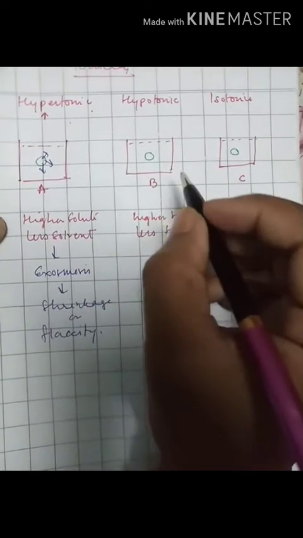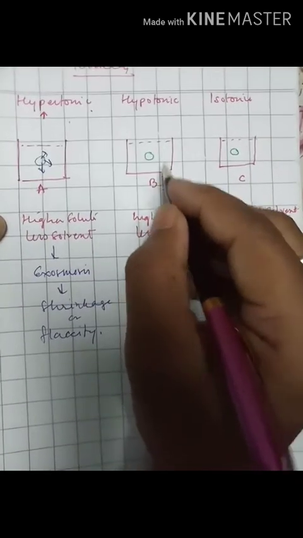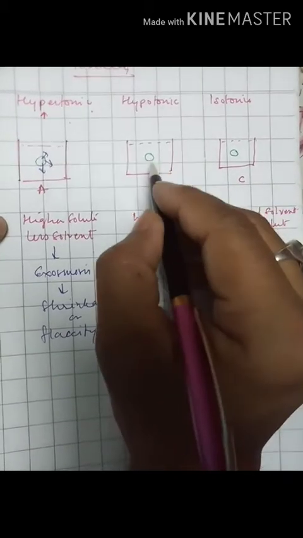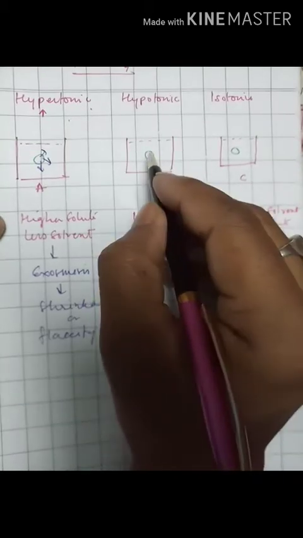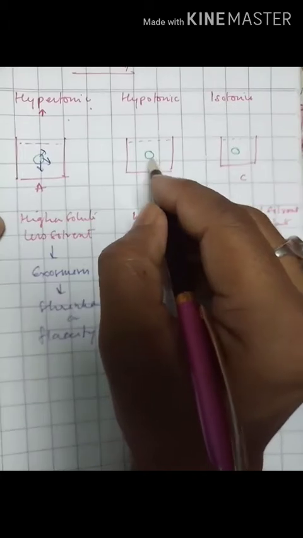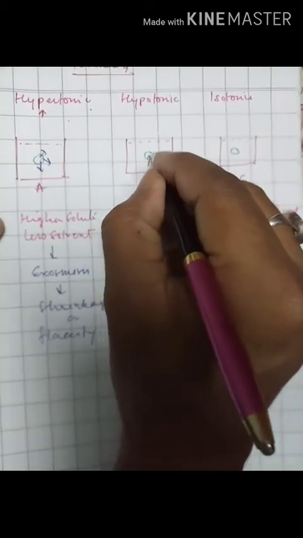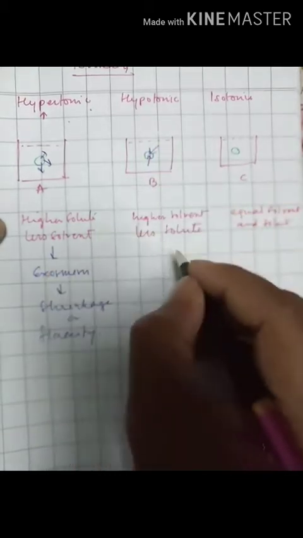Now come to B. Beaker B contains hypotonic solution, means higher solvent. So the solution outside the cell has more water than the inside. So here endosmosis will take place.